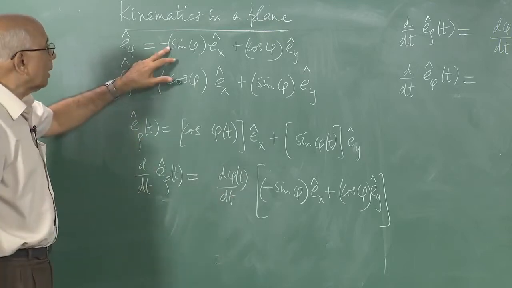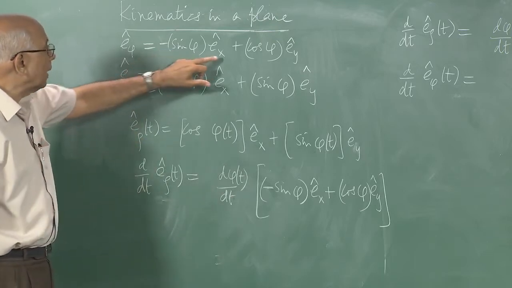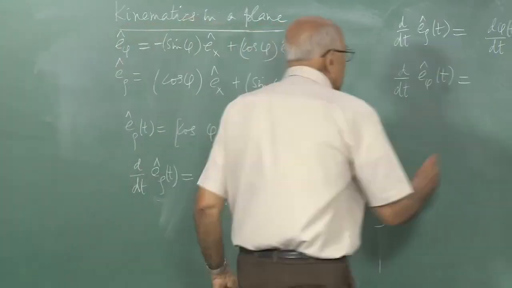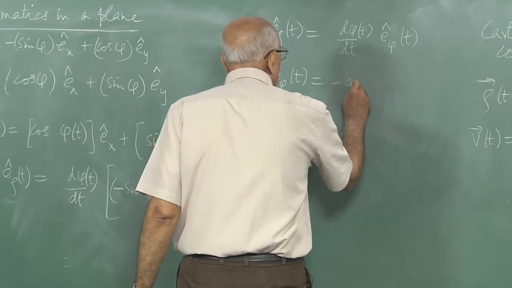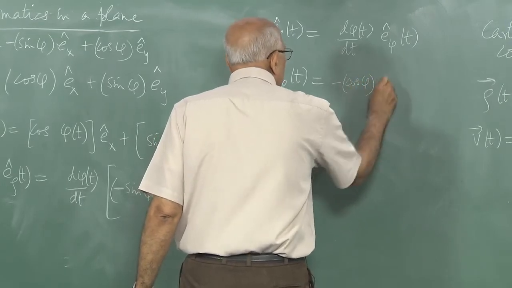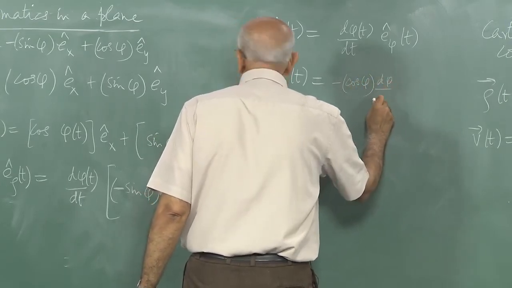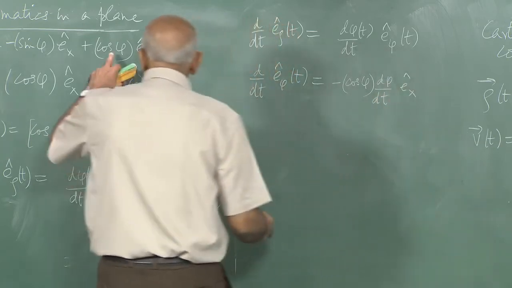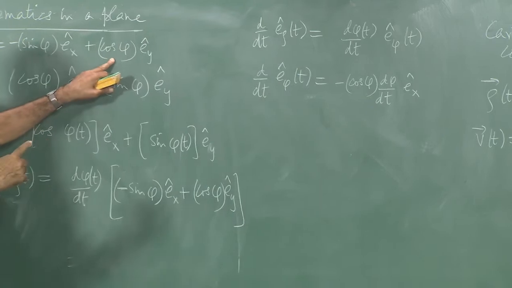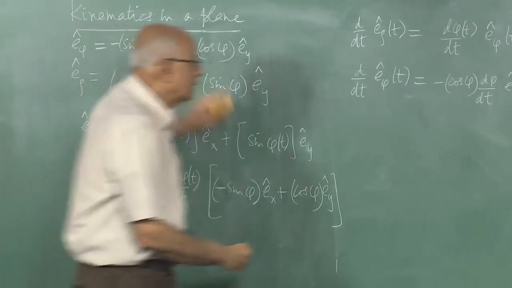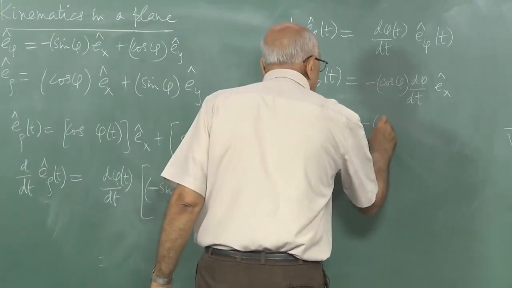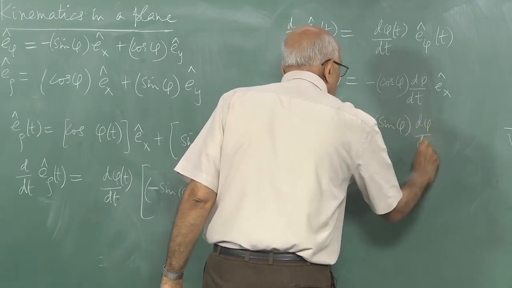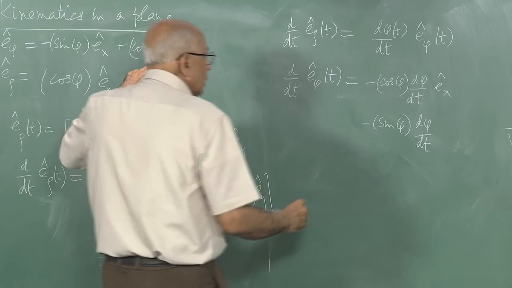So this is going to become minus cos phi d phi over dt times Ex, and then for this term, the derivative of cos phi is minus sine phi. So there is a minus sine phi and then a d phi over dt to differentiate this function, times Ey.